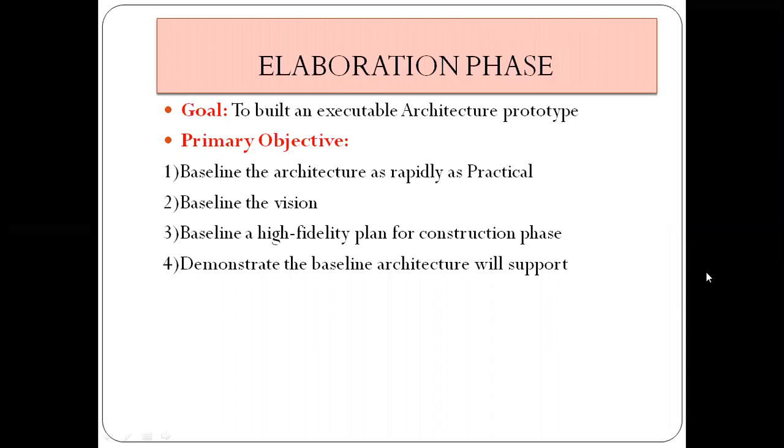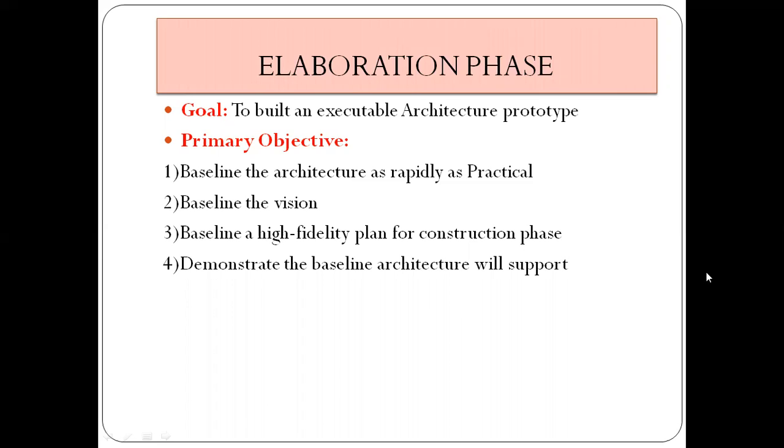Or if my project is a gaming application or a bank application, then I need to proceed with more than two iterations. So always, based on the risk, the size and the scope of our project, the iterations will change. Now let us see the primary objectives of our elaboration phase.